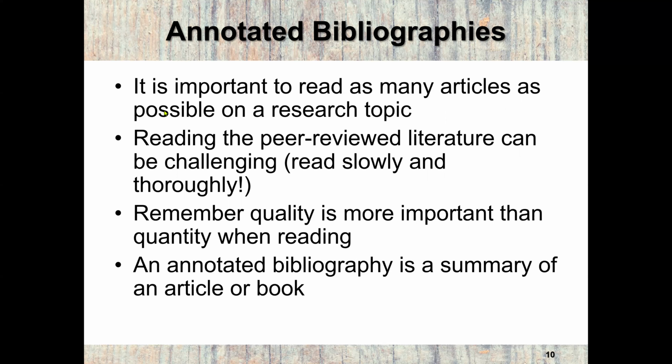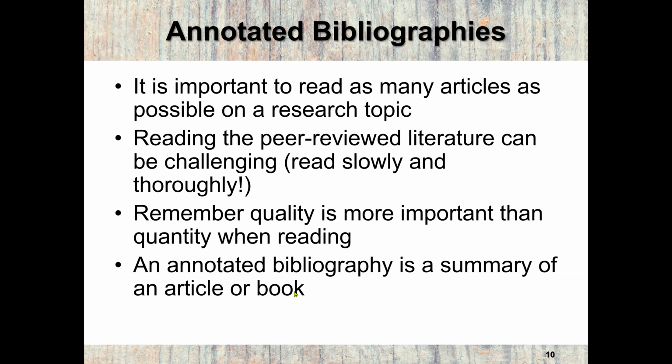So here they say if we are doing this, it's very important to read as many articles as possible on the research topic. Reading the peer review literature can be challenging, so read slowly and thoroughly. You want to understand the content, not just skim through the article. Now remember, quality is more important than quantity when reading.